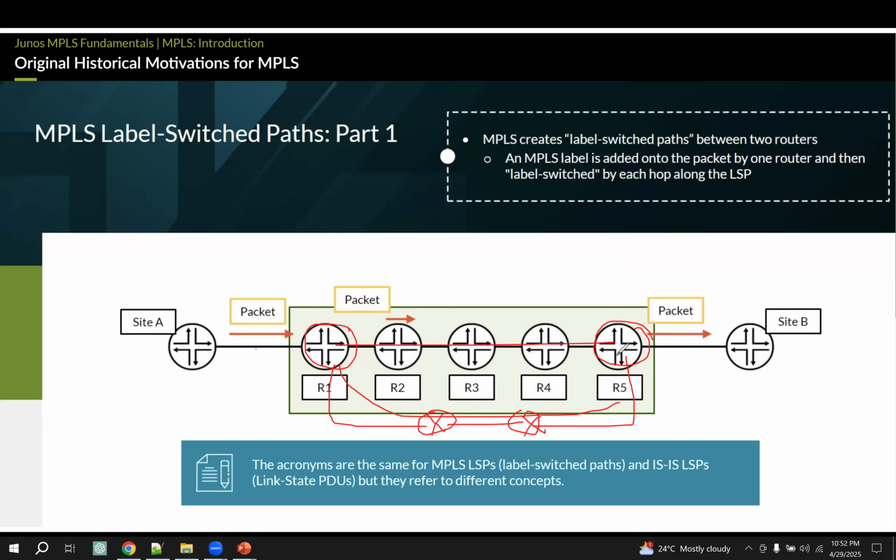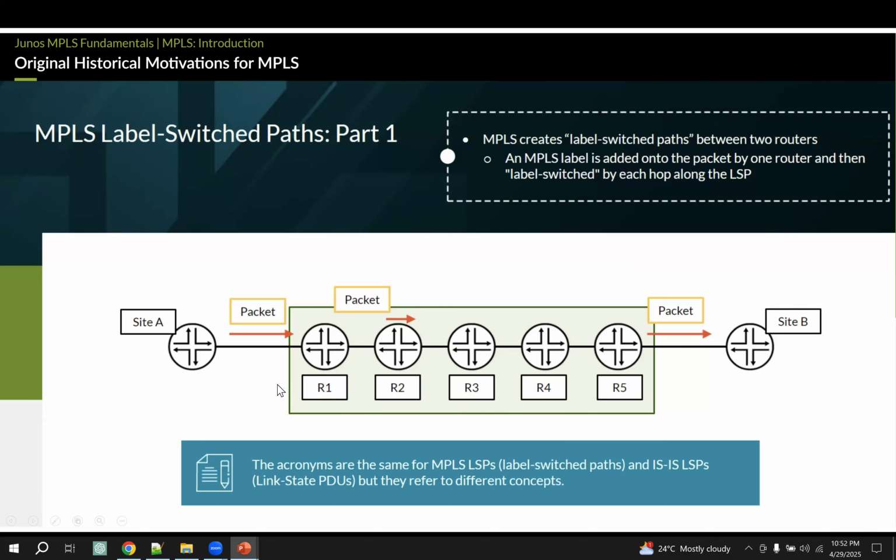For one customer, for a traffic type, it can be IPv4 traffic, IPv6 traffic, voice, or data traffic. You can segregate and forward your traffic as per your designed or configured LSP. So you have multiple options. It depends on the backend IGP or BGP.